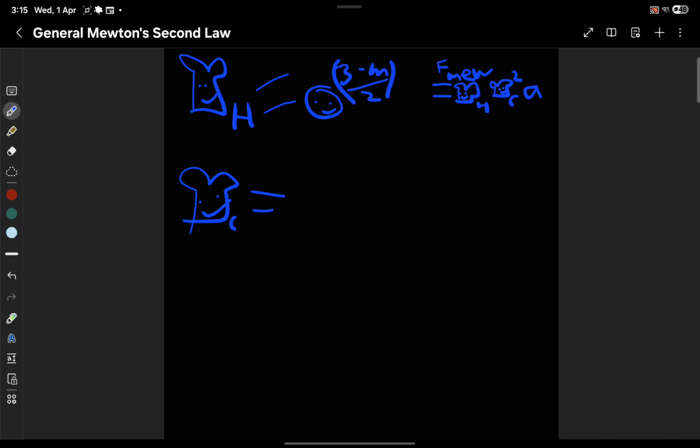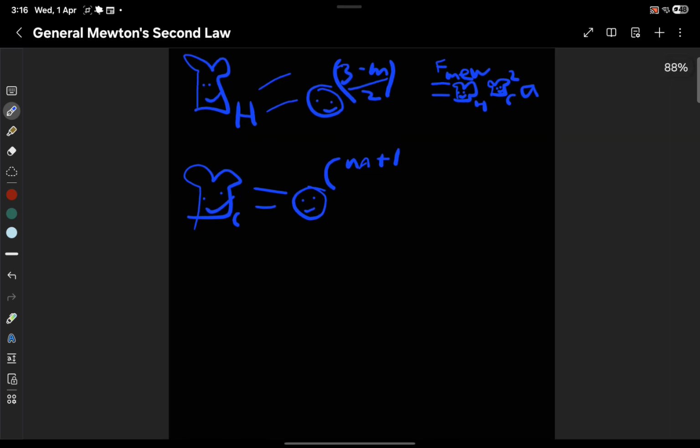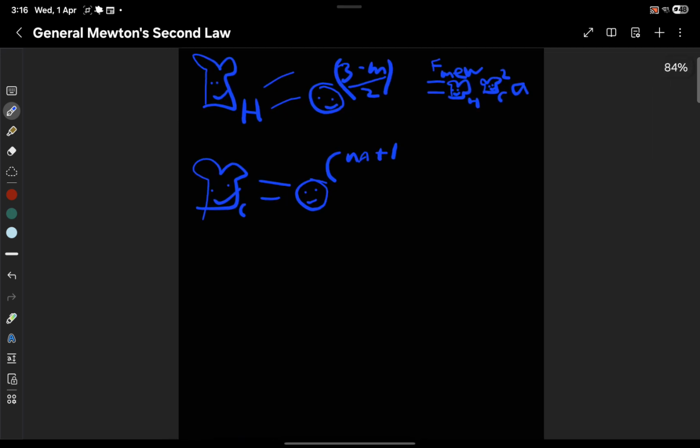And Toasty sub c, or Toasty sub charisma, is just the change in charisma dependent on mass as well, which is smiley face to the power of m plus 1 over 4 minus m minus 1 over 4.